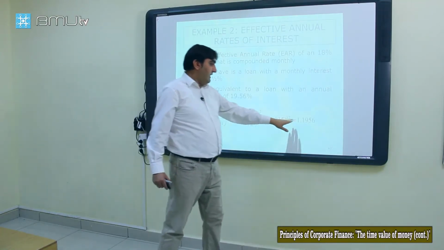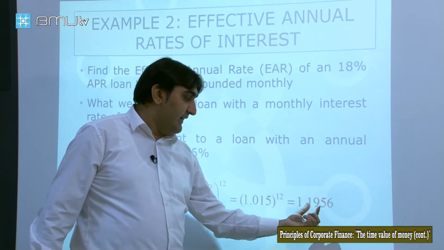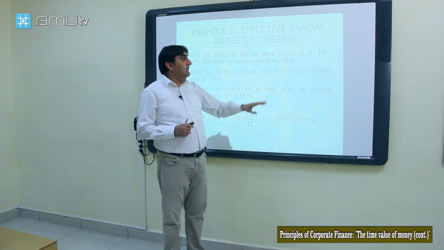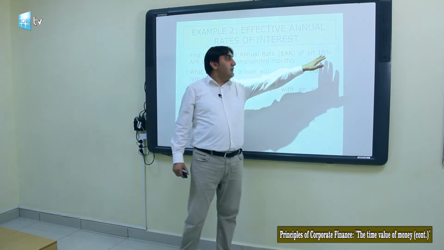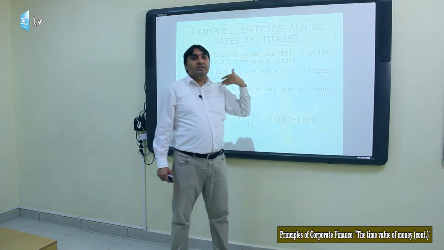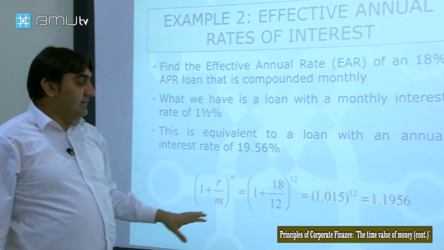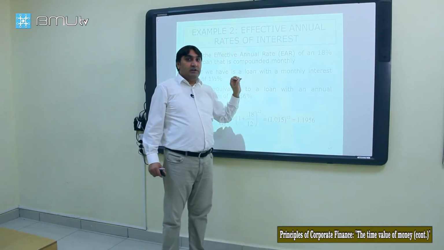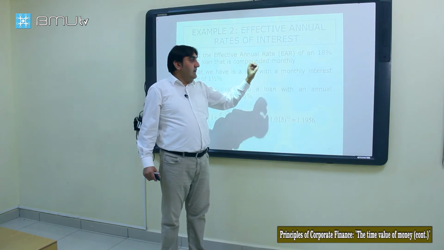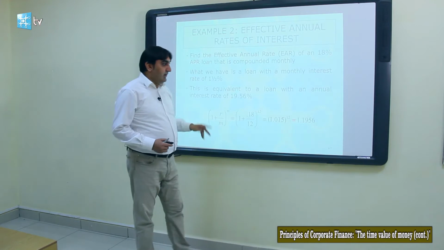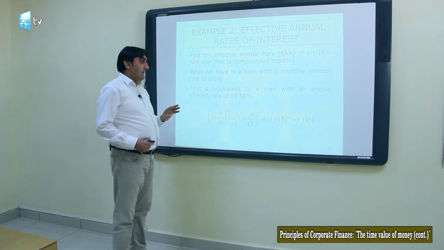If we subtract 1, we get the rate, 19.56%. So banks state that we lend at 18% APR, but applying some finance knowledge, we know that it's higher. Actually, you are borrowing at a 19.6% rate annually.